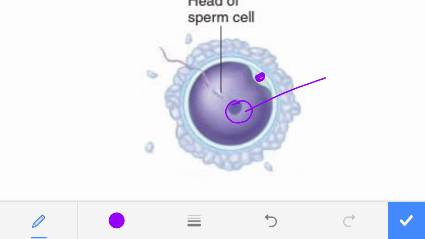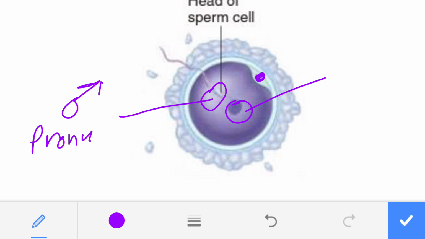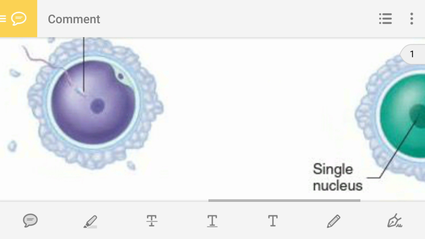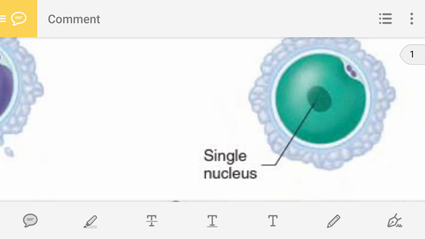This sperm nucleus is also swelling, so this one is the male pronucleus, and this one is the female pronucleus. Both the pronuclei are combining, and a single nucleus is produced.